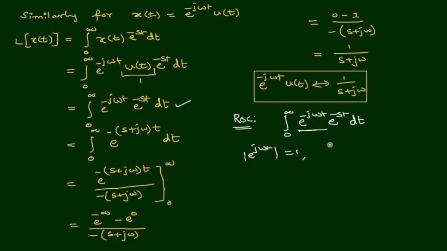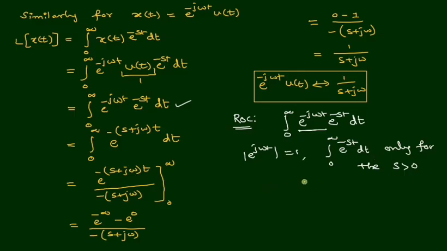So the expression integral 0 to infinity e power minus st dt becomes finite only for the values of s greater than 0. For s values greater than 0, this function is exponentially decaying, and as time t tends to infinity, this value converges to 0.